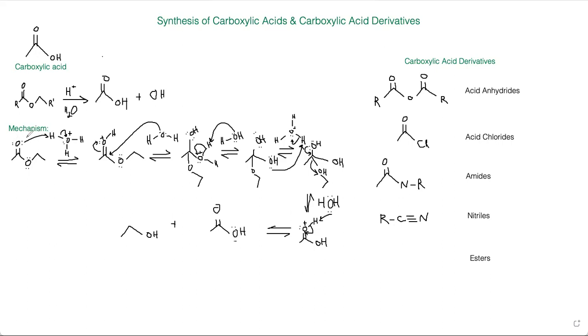So it's going to seek out a hydrogen from the H3O plus that is in solution, which is our acid in this scenario. And then the next step of this mechanism is a nucleophilic addition of a water molecule.